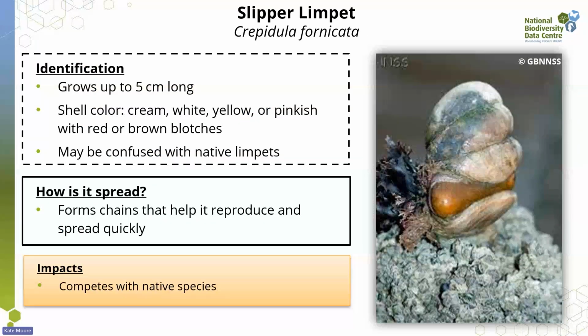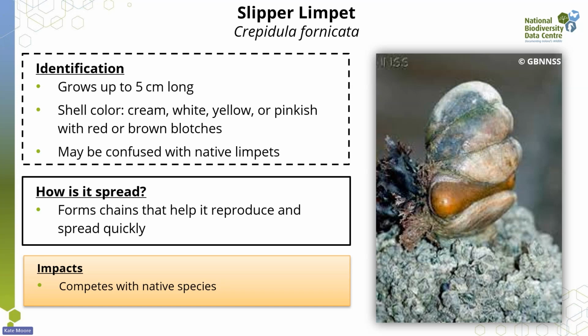Another marine invasive species that you may come across is the slipper limpet, and this may be confused with some of our native limpets. It grows up to about 5 centimeters in length, and its shell color varies between cream, white, yellow, or pinkish with red or brown blotches.